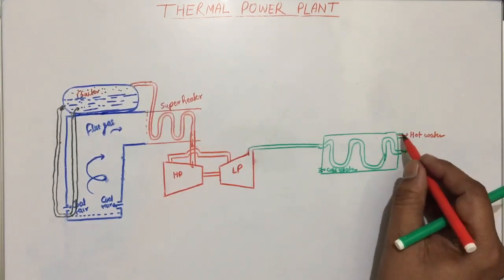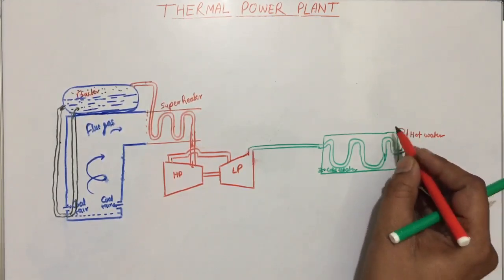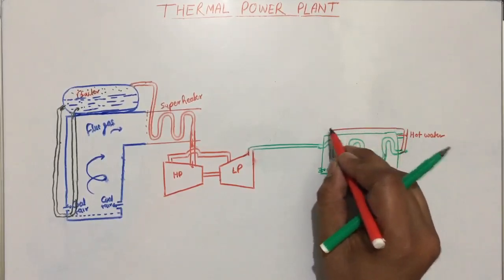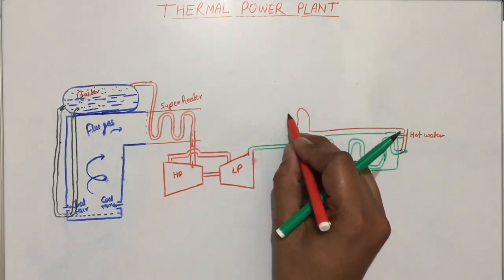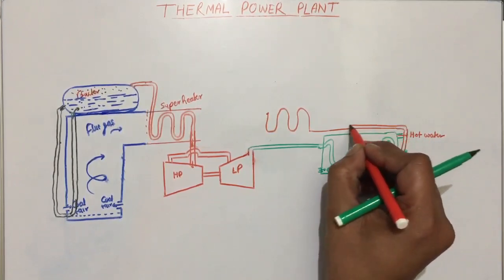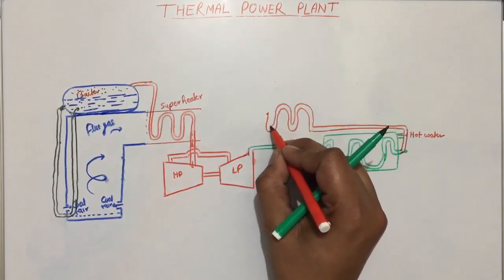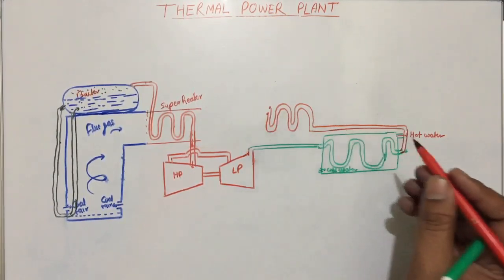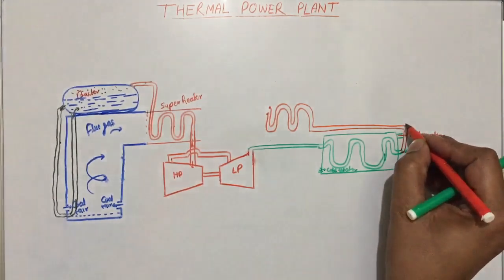So for that purpose, this is passed through the economizer, but here the pressure is not very high after the condensation. So what can be there?